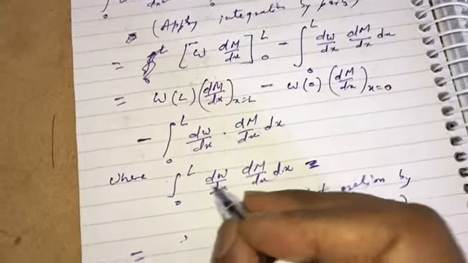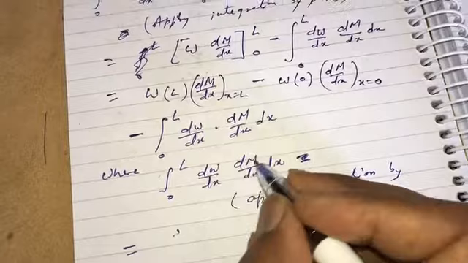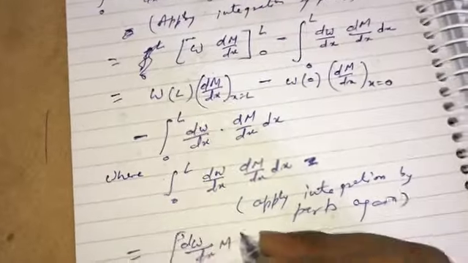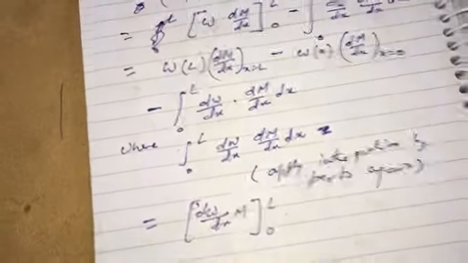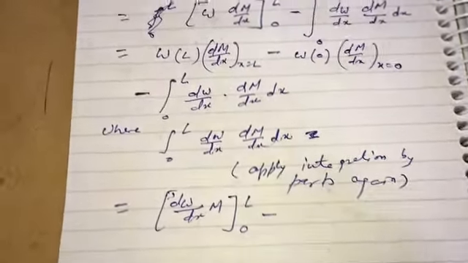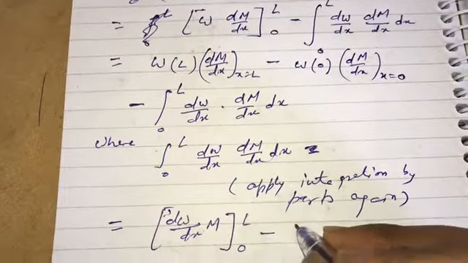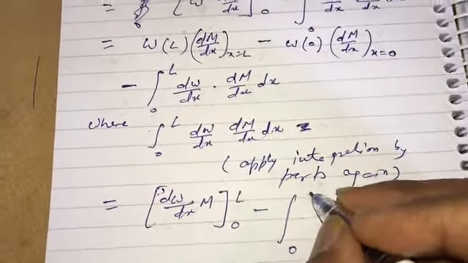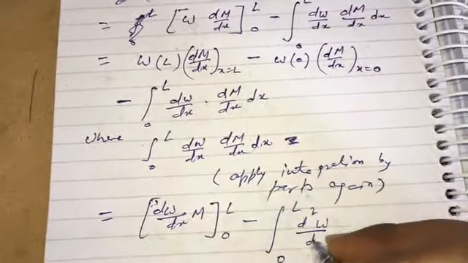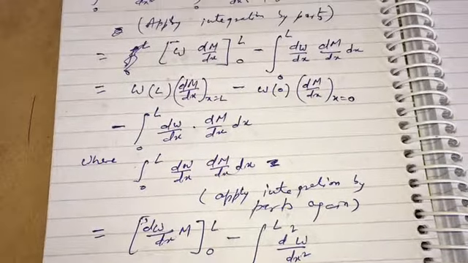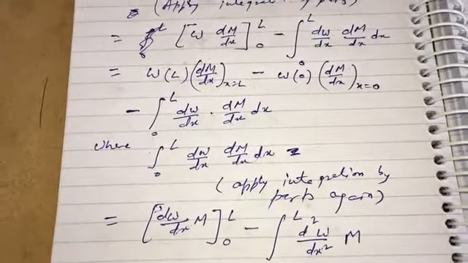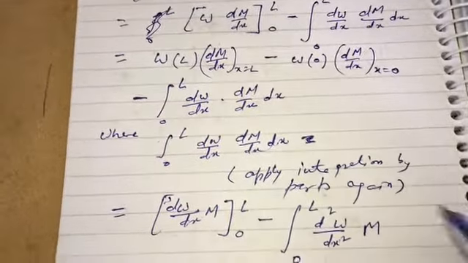The first thing will be this multiplied by M, so dw/dx multiplied by M, evaluated from 0 to L, minus the integral from 0 to L of d²w/dx² times M dx.